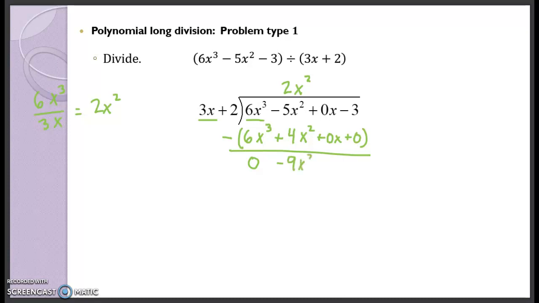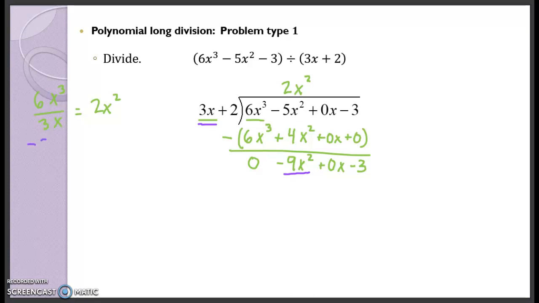And then I have plus 0x still, minus 3. And then I take this, the divisor's first term, and what I have left's first term, and I think: 3x times what equals negative 9x squared.